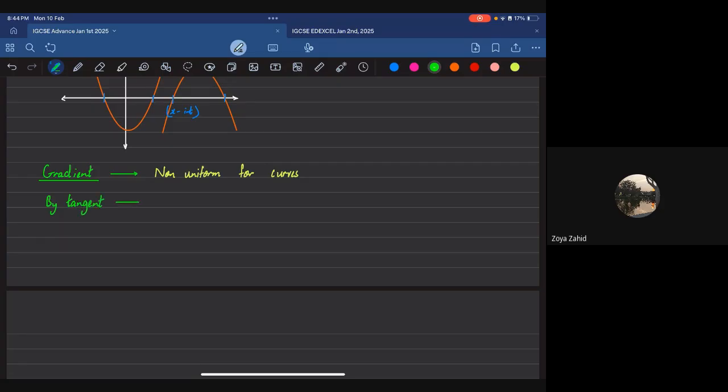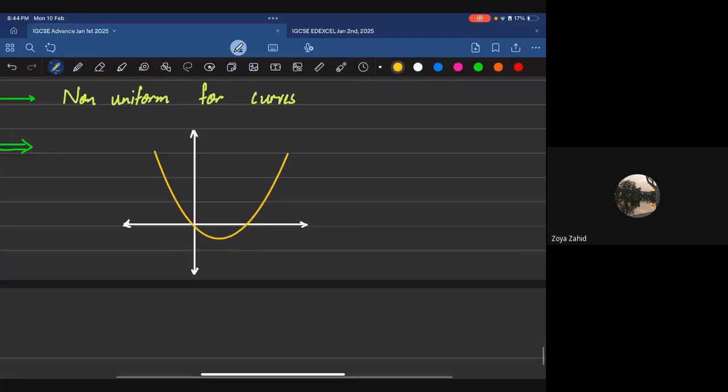I absolutely hate this method because I can never draw a tangent. My drawing is pathetic. So let's see. Okay. Consider a graph and there's a curve on it. Consider a graph like this.